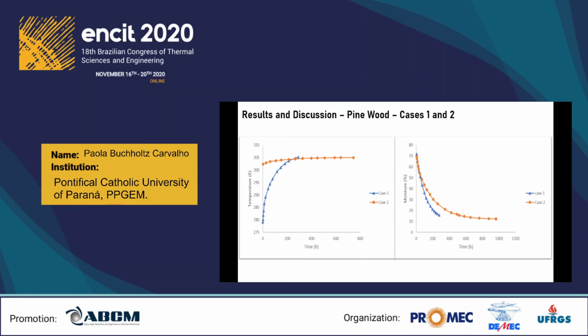The curves in case 2 show different behaviors and results from case 1, especially regarding drying time. To reach 12% humidity required a drying time approximately 3 times longer.